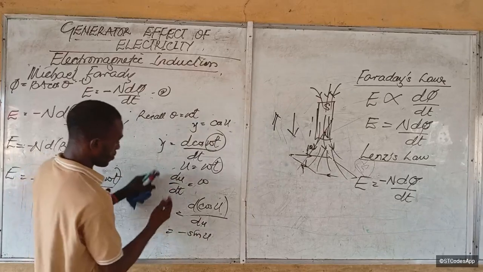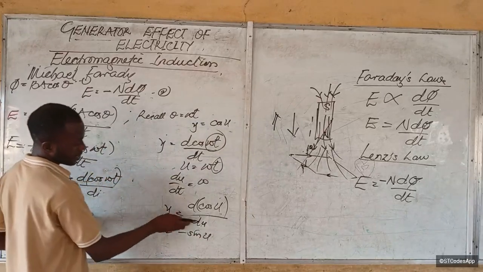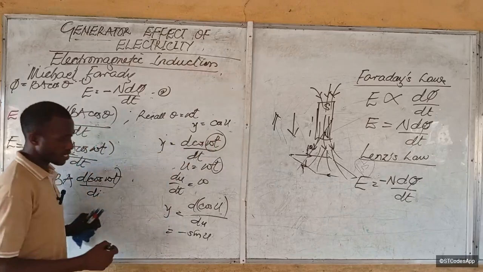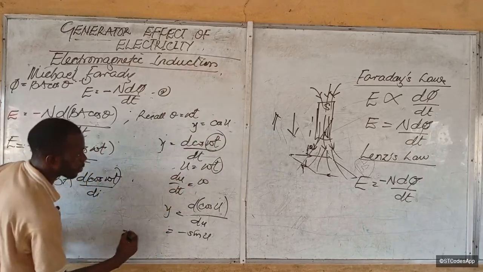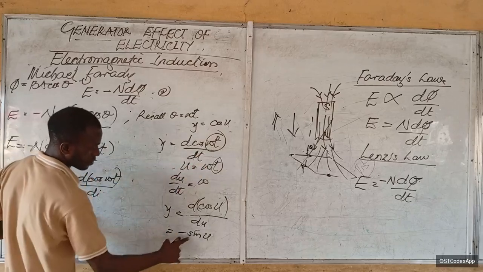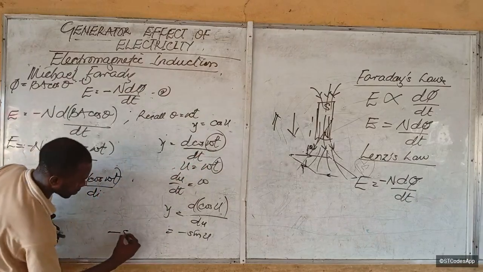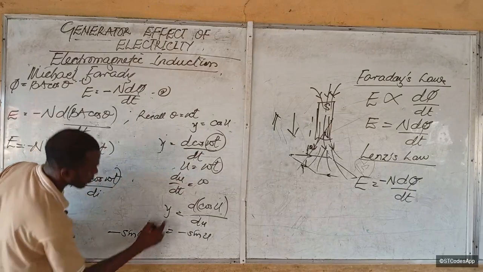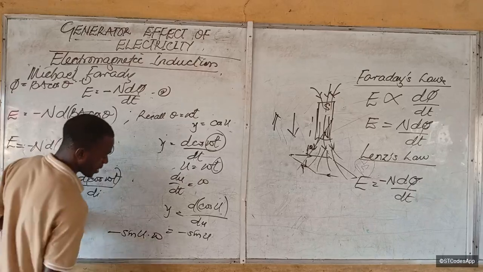Then you bring in du/dt, and you are going to get dy/dt, which is the function that we're differentiating. So the cos ωt becomes minus sine u, dot this guy, ω.